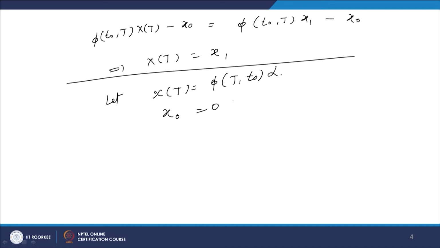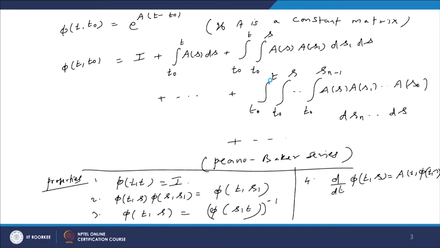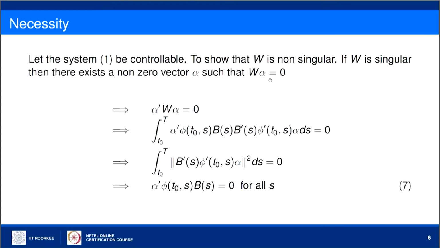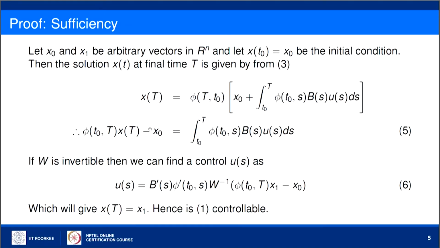For this initial condition and this final condition, there will be a control available because the system is controllable by assumption. So, if we substitute x naught equal to 0 and x(T) equal to phi(T, T0) into alpha, we will get in the left hand side only alpha value and in the right hand side we will get this expression.